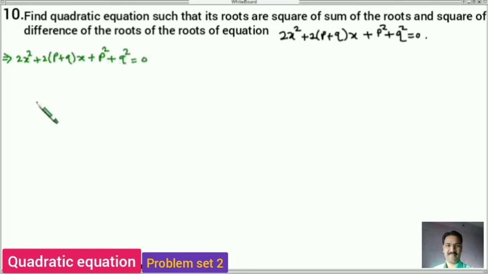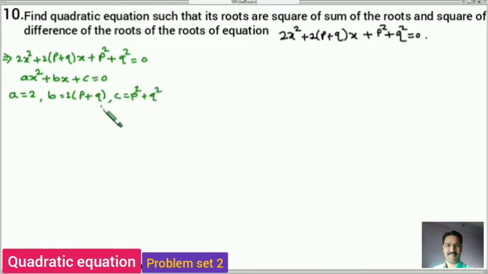Now this equation is in the form of ax square plus bx plus c is equal to 0. If we compare these two equations, then we can find the value of a, which is equal to 2, b is twice of p plus q, and c is nothing but p square plus q square.